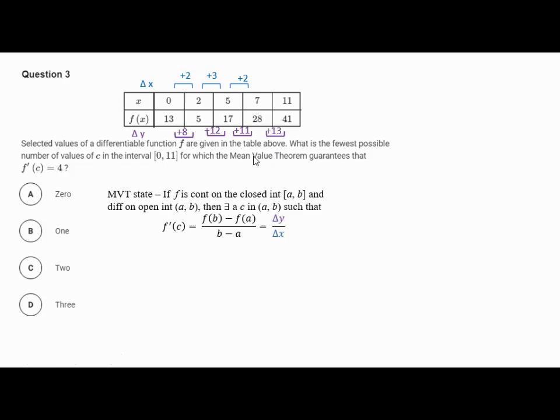And then the last one is 13 over 4, which is not 4 again. So the least number of values that will have a slope of 4 is 2. And that is right here, in between 0 and 2, and 2 to 5.